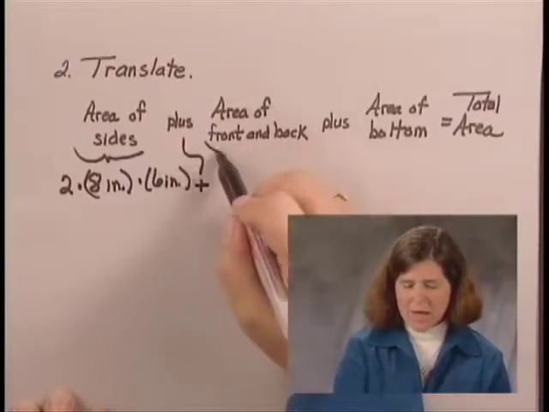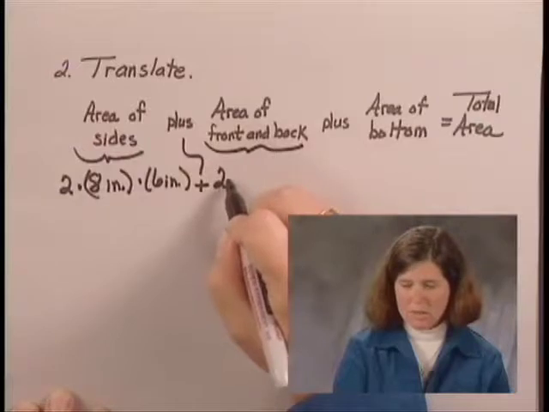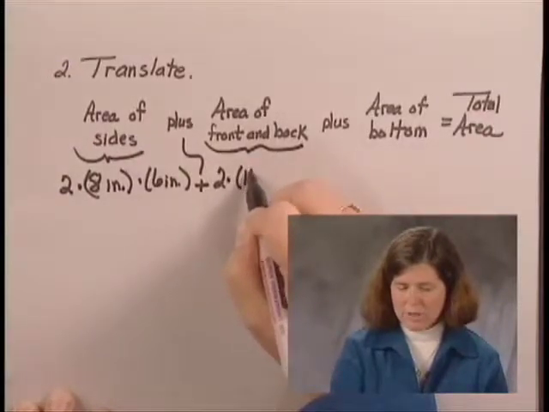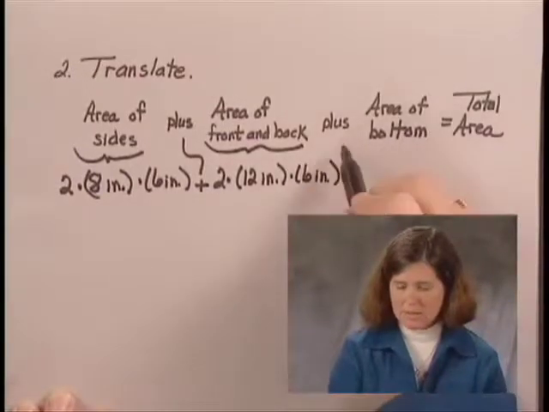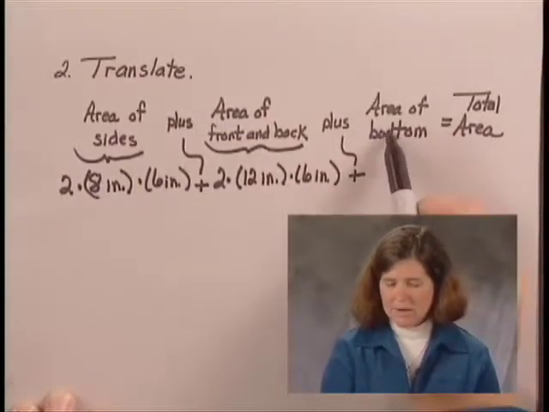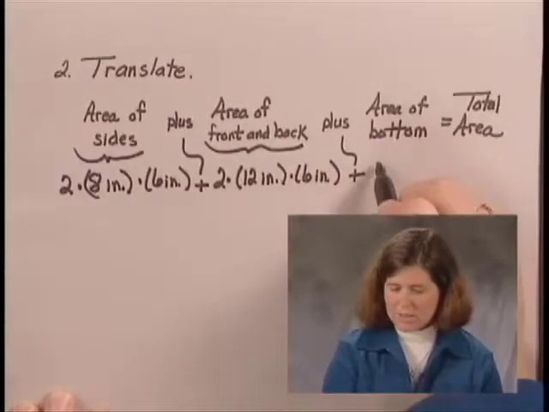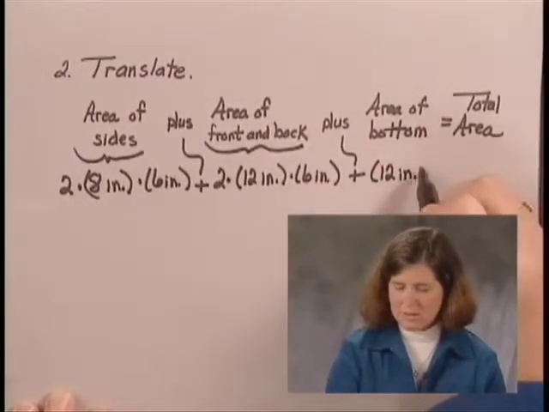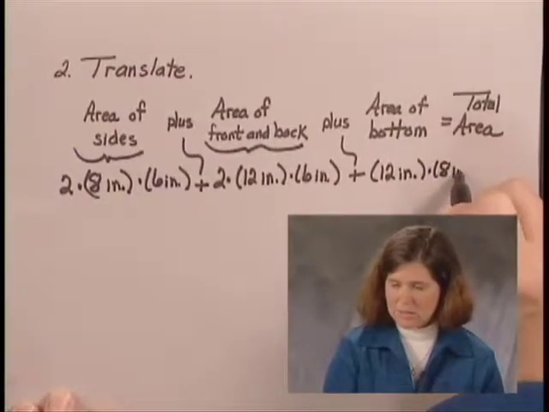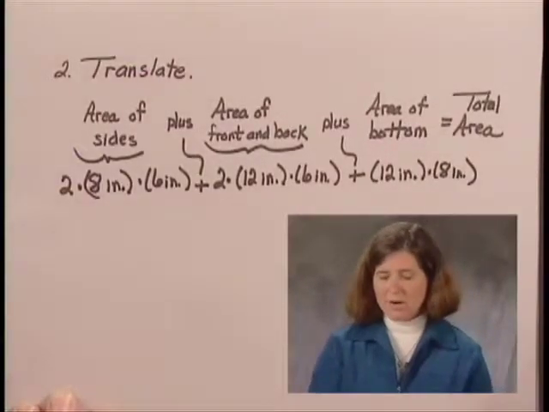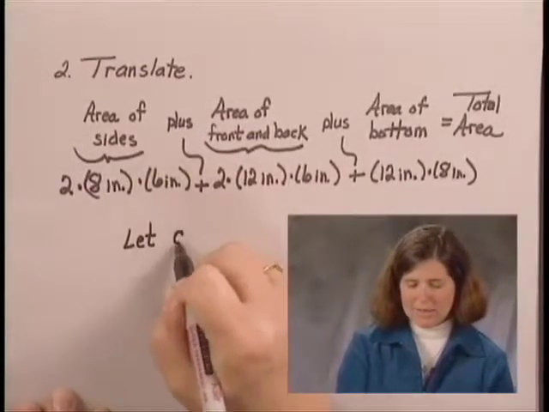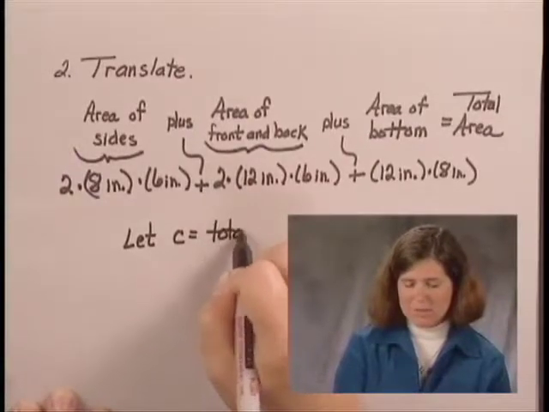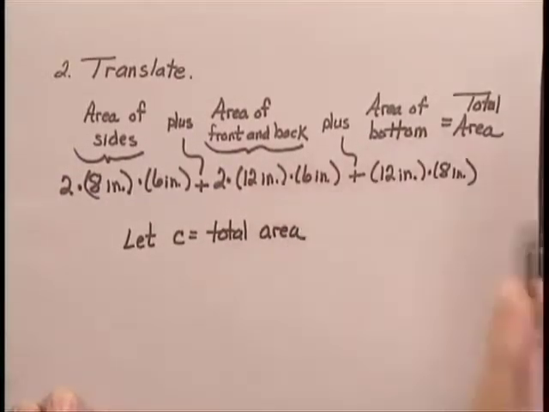The area of the front and the back, we said, was 2 times 12 inches times 6 inches, plus the area of the bottom, we said, was 12 inches times 8 inches. And that equals the total area. I should have defined a variable in the familiarize step, but I'll let C equal the total area of the box. And I'll let this equal C.